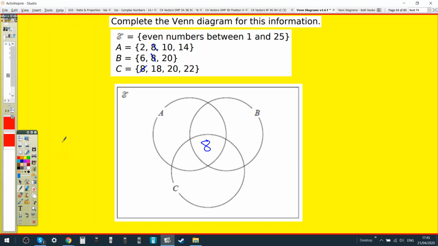Okay. For B and C, 20. Okay. So we did that in the very middle. So what do we do with the 2 in A?